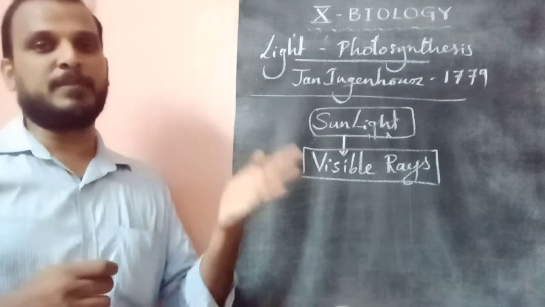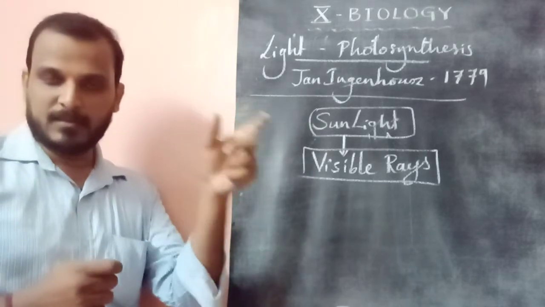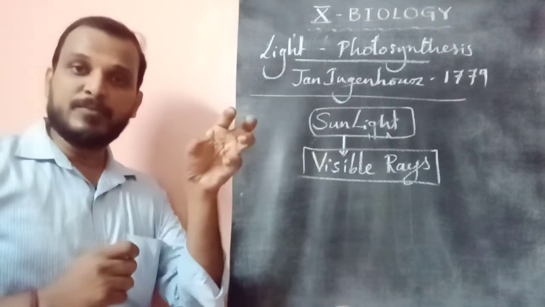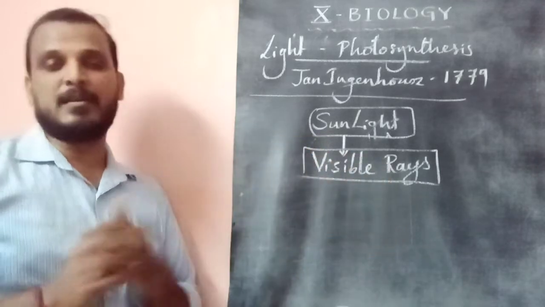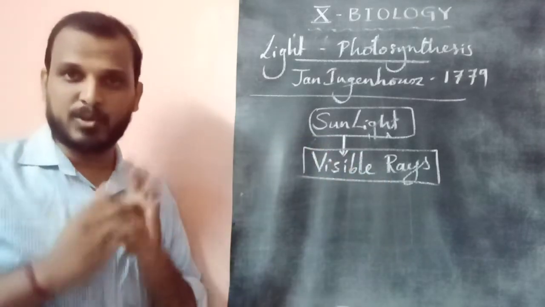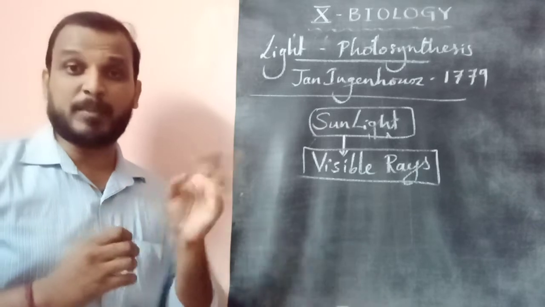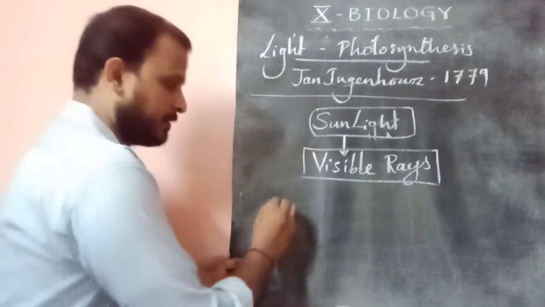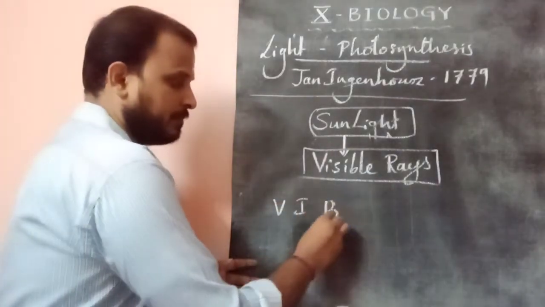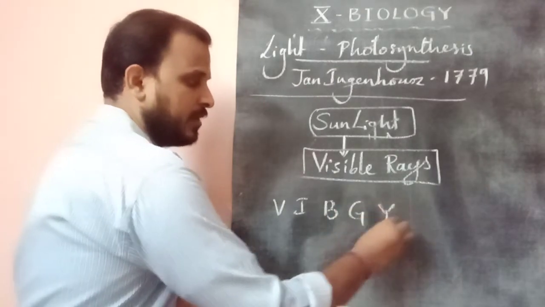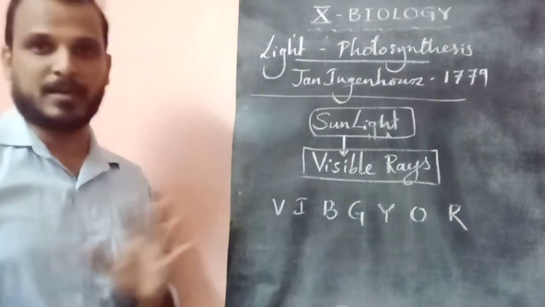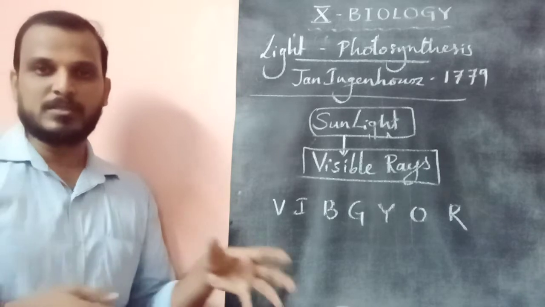For example, if you keep a glass prism in sunlight, it will divide the light into 7 colors, which we generally call rainbow colors. In science they are called the spectrum of colors, ranging from violet, indigo, blue, green, yellow, orange and red. They are called VIBGYOR, pronounced as VIBGYOR colors.